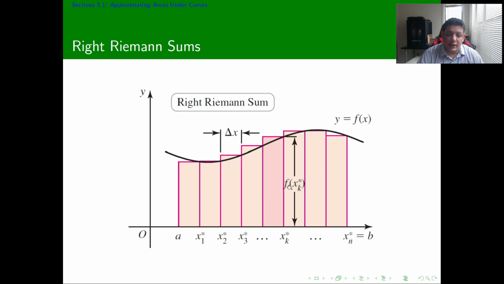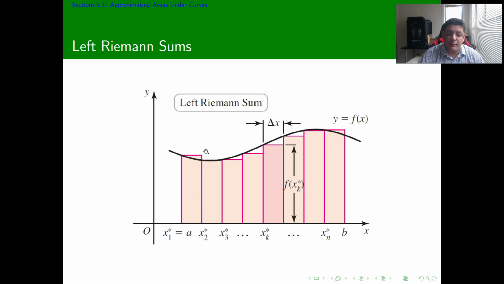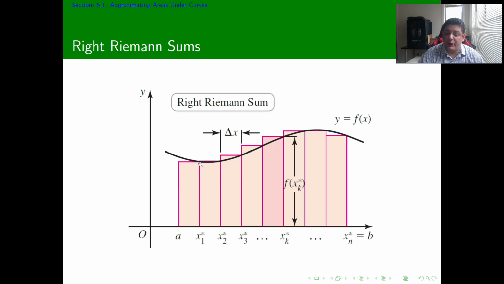Now, the right Riemann sum, for obvious reasons, is going to be developed in the same way, but now we're going to take the endpoint of each of the subintervals. So we're taking the right side as the point for creating the height of these rectangles. Notice in comparison, here we were taking the left side, now we're taking the right side to produce the height.